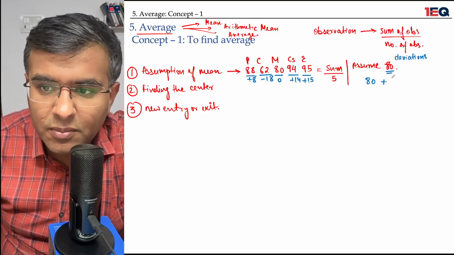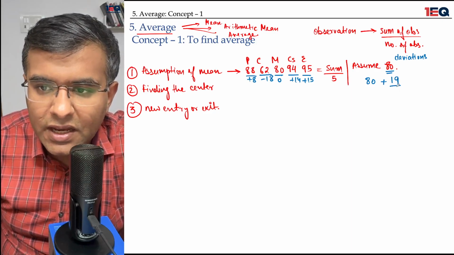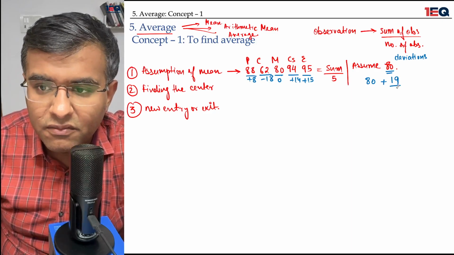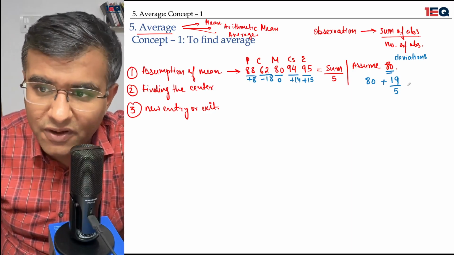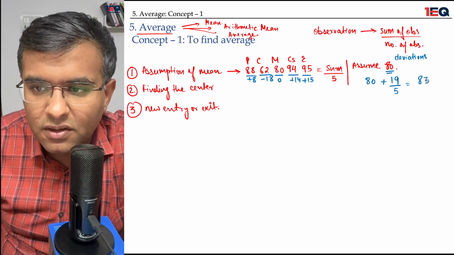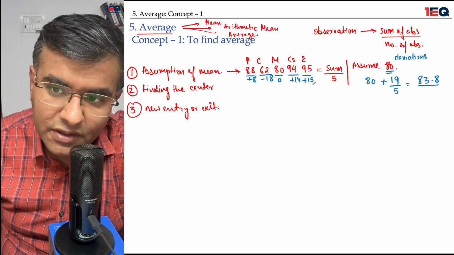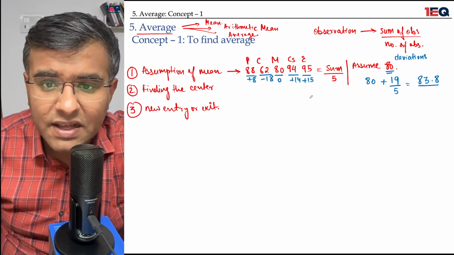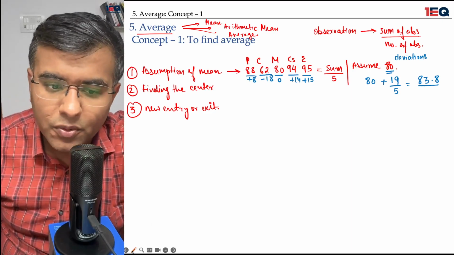Plus 4 and 15 make it 19. So this is 19, and I need to divide 19 by 5. That would give me the answer 83.8, and this would be my final average, or the percentage of marks that I secured in my class 12th boards. I hope you understand.